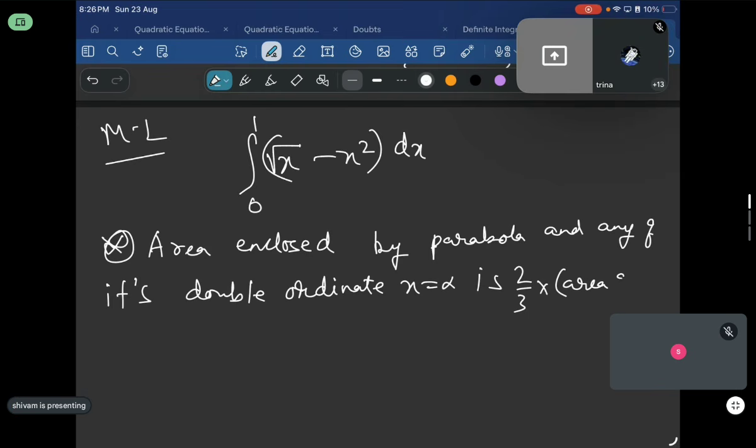Double ordinate is a chord perpendicular to the axis of the parabola. You people remember the meaning of double ordinate?